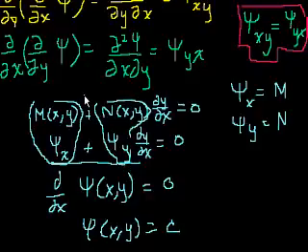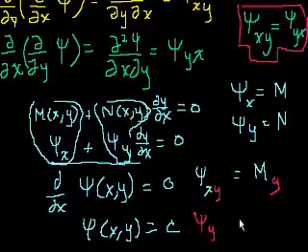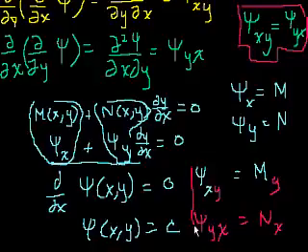If this is an exact equation, and we take the partial of M with respect to y, where the partial of xi with respect to x is equal to M, that should be equal to the partial of N with respect to x, since the partial of xi with respect to y is equal to N. If we take the partial with respect to x of both of these, we know that these should be equal if xi and its partials are continuous over that domain.